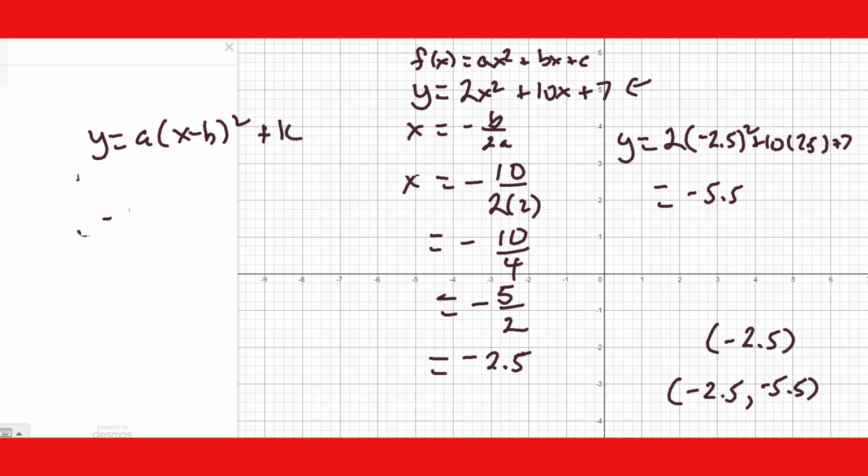We've got our a value, which is 2, so we can plug that into our vertex form and substitute.